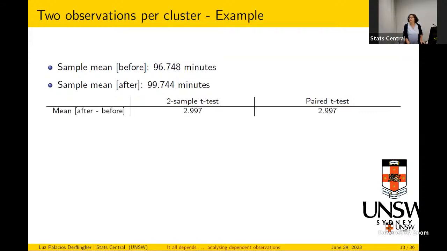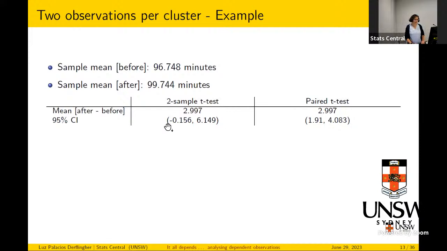So we calculate the mean after minus before, exactly the same. And they're exactly the same, right? And that's expected. Whether we calculate the difference and then the means, or the means and then the difference, it's the same. Now, the 95% confidence intervals are different, right?